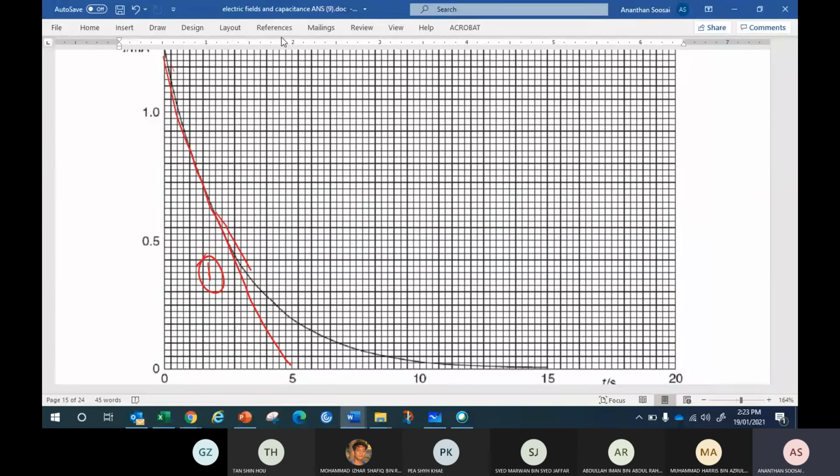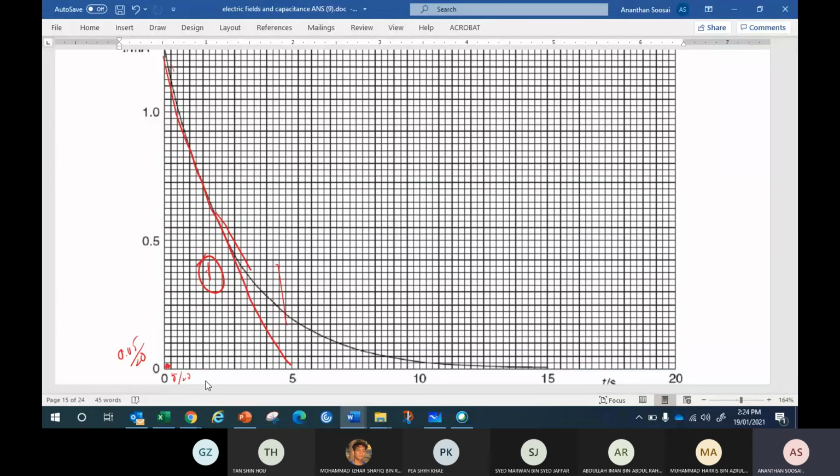Each small box is 0.5 divided by 20, so the current value of one box is 0.5 divided by 20, and the time for one small box is 5 divided by 20. So you can find the area of one small box, then roughly count the number of small boxes, and add them to get the charge.